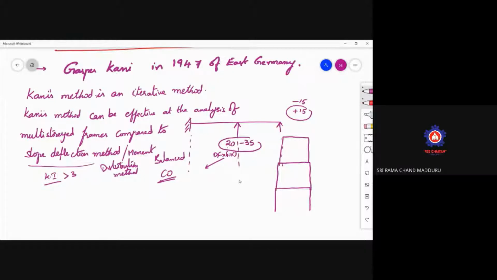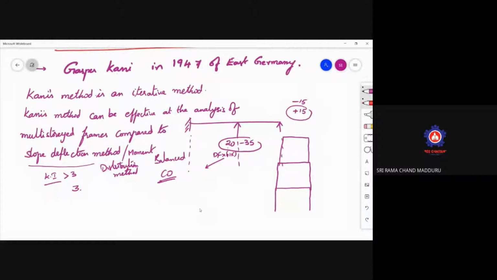With your calculator, you can only solve up to 3 unknowns. In the slope deflection method, if the number of unknowns is 3 or less, you can solve using your scientific calculator. If there are more than 3, definitely you can solve it, but it takes a lot of time. Similarly, the moment distribution method also takes a lot of time.